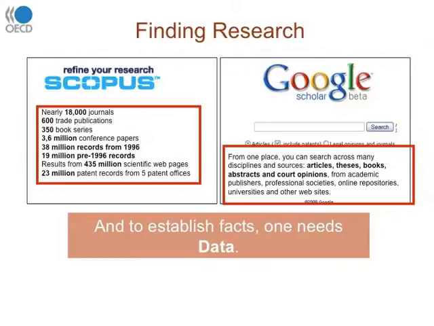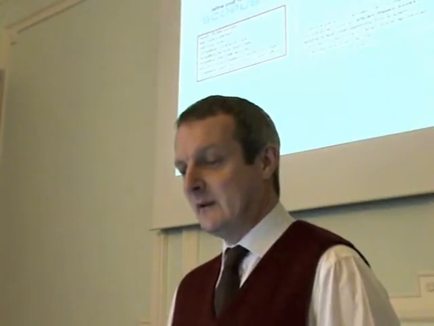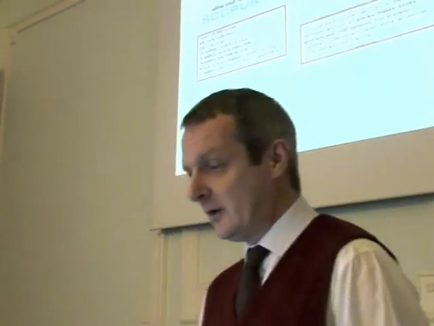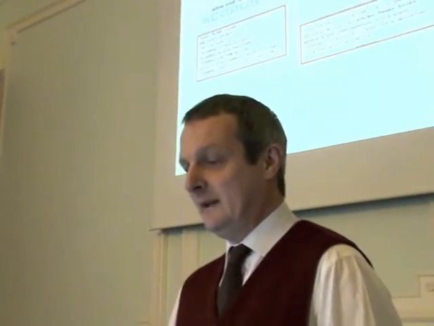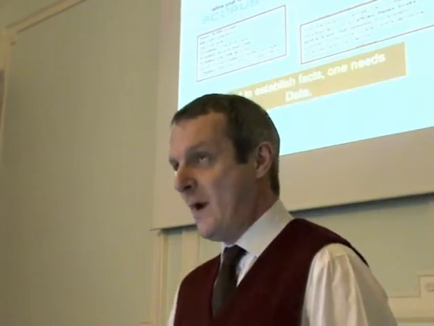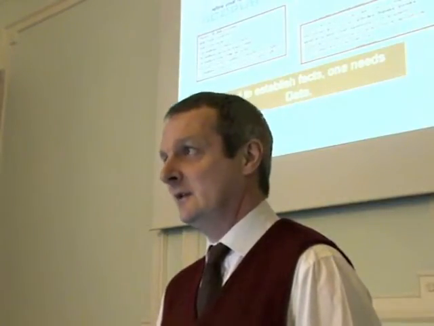Scopus covers 18,000 journals, 600 trade publications, 350 book series, conference papers, millions and millions of records, and it even has patents in there. If you look at Google Scholar: articles, theses, books, abstracts, court opinions, from academic publishers, professional societies, online repositories. Where's the data? There's no data covered by either of those discovery engines.